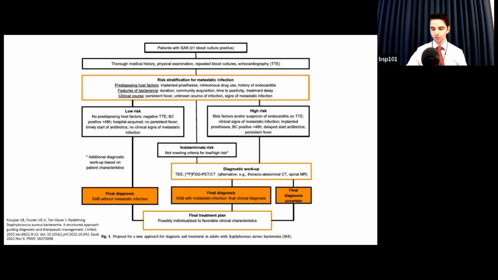Patients who are at high risk are the ones who we target for extra diagnostic workup, and that might include PET, that might include transesophageal echocardiogram, or imaging elsewhere. If you find a metastatic site, then they have Staph aureus bacteremia with metastatic infection. And so the terminology that we use might additionally change. And then once you have your diagnosis, you move on to an individualized treatment plan.